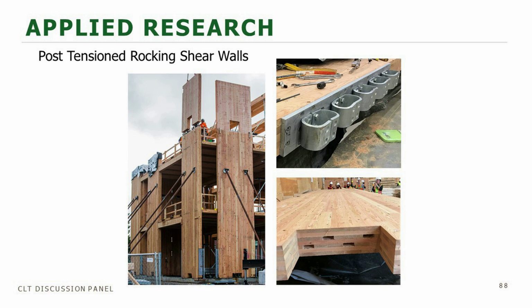It can look like a lot of different things. So the point with CLT, again, it's not meant necessarily to be different. It's meant to fit into the existing building code, and allow us to build wood buildings in a different way with this new product.